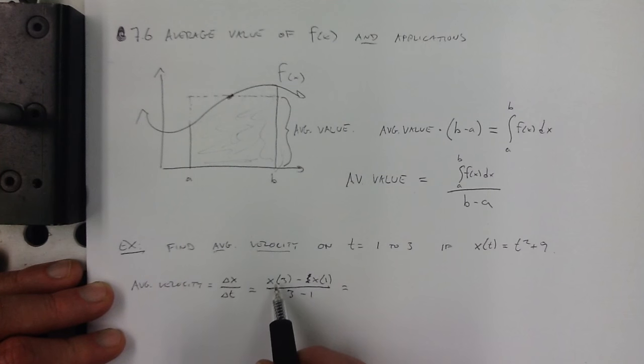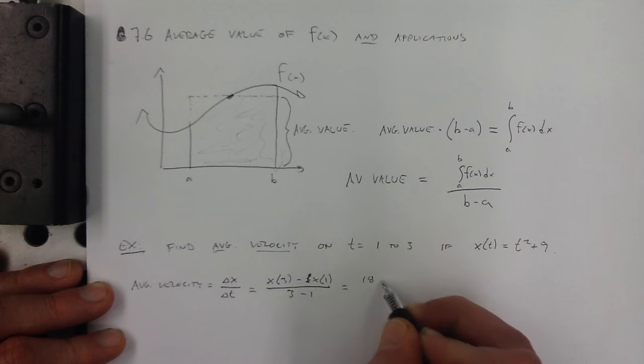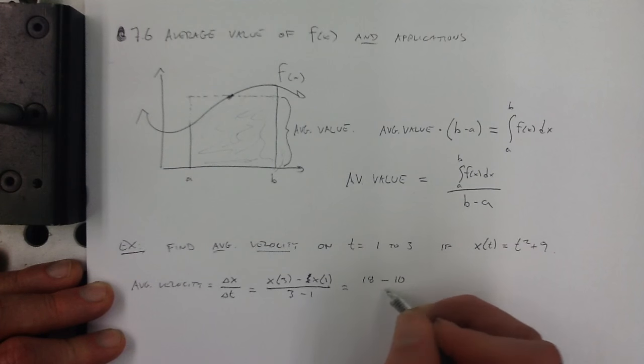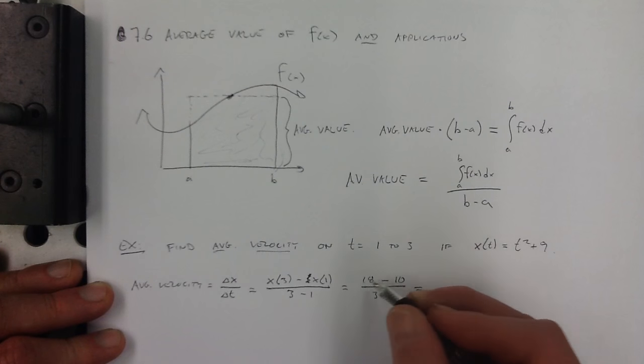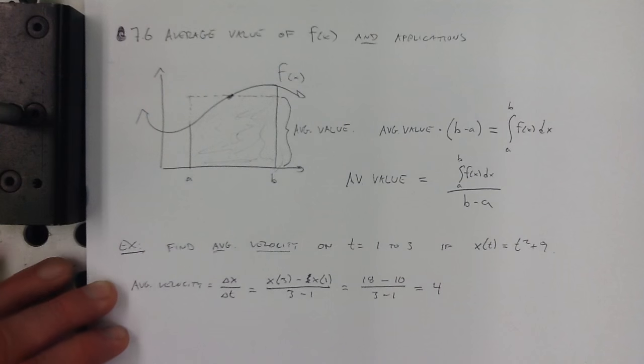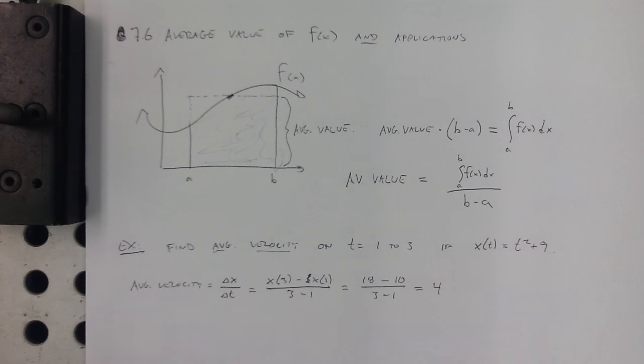And that's 18 minus 10 over 3 minus 1, which is 8 divided by 2. So the average velocity is 4, right? Now that's the definition of average velocity.